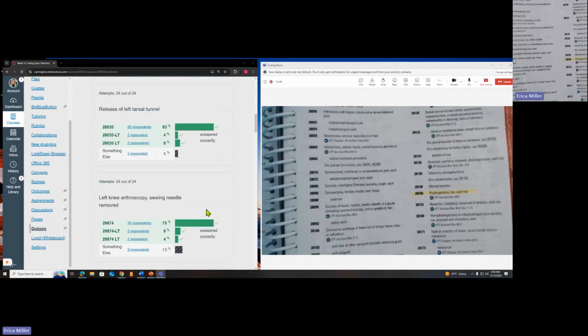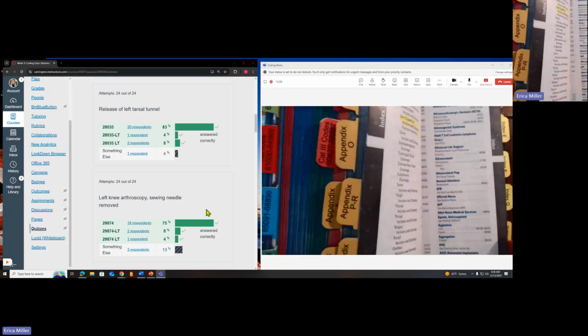All right, moving on. Release of left tarsal tunnel. So what we have here, we could go to the index, we could go over to release, we could also go to tarsal bones. Let's go over to our index.